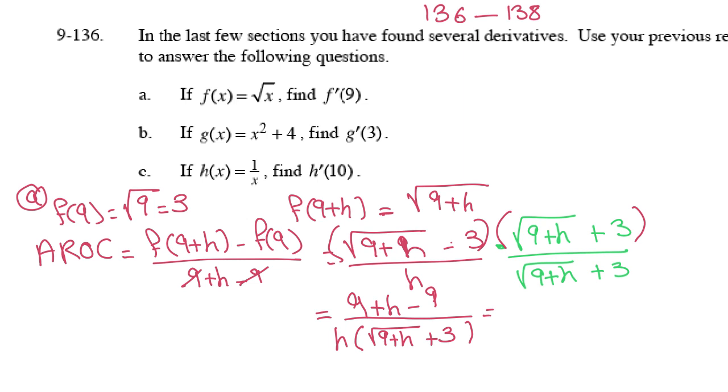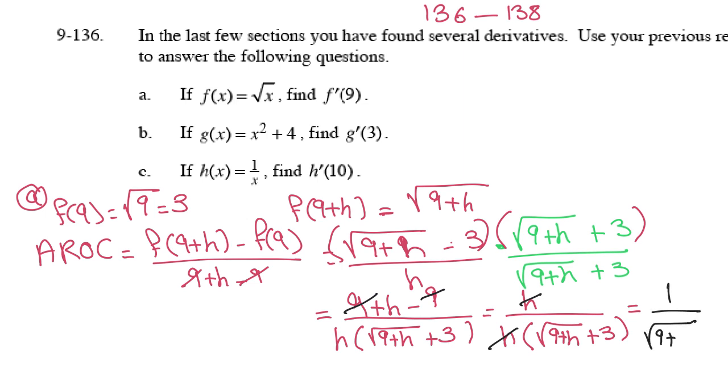Simplifying further, the 9 and the negative 9 cancel out, leaving us with h over h times the square root of 9 plus h plus the 3. Simplifying again, h divided by h is 1, so you have 1 over square root of 9 plus h plus 3.